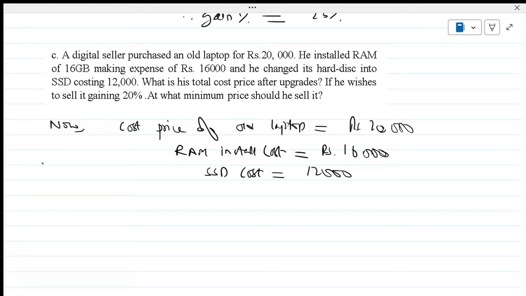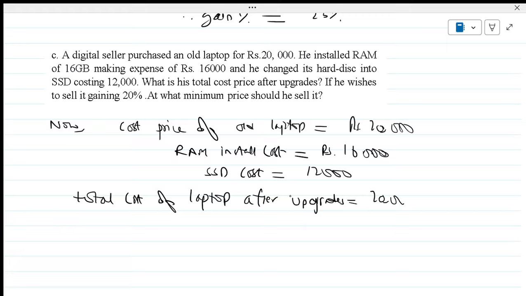So these three costs will get added together, and the total cost of the laptop after upgrades is obtained. So total cost of laptop after upgrades: it is 20,000 original cost, 16,000 for the RAM purchase and installation, and 12,000 for the SSD.